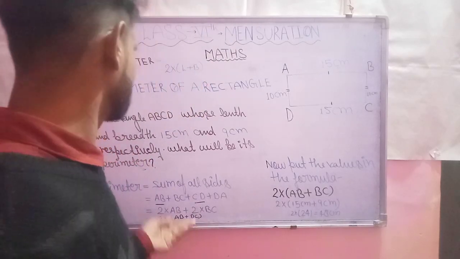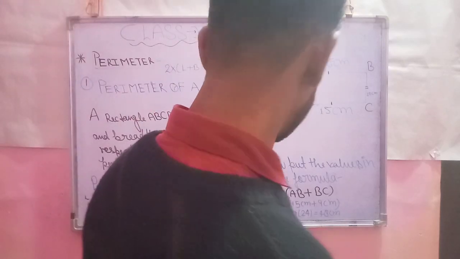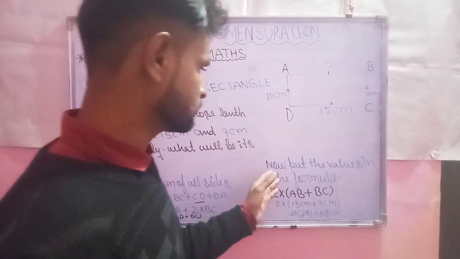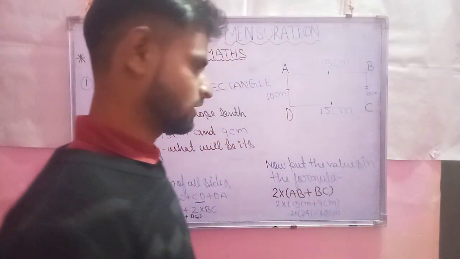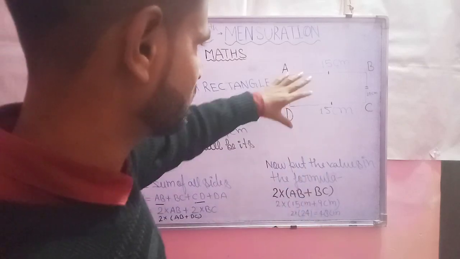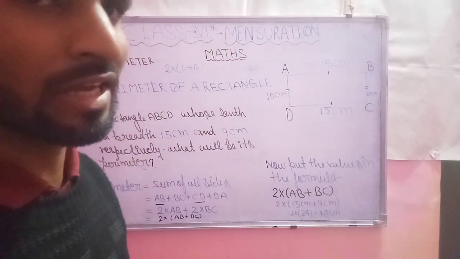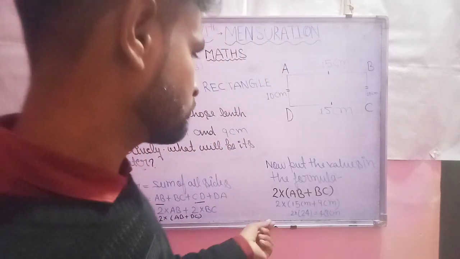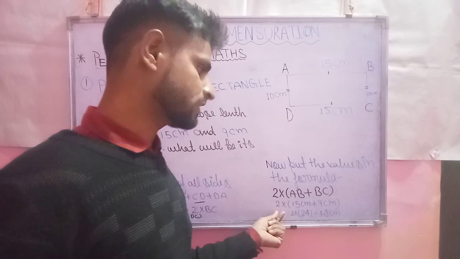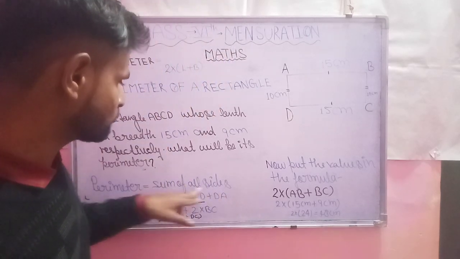Now we only need to put the values in the formula. If we put the values of this rectangle in the formula, we definitely get the answer. I wanted you to understand why we have written the 2, when the question only says the sum of all the sides.